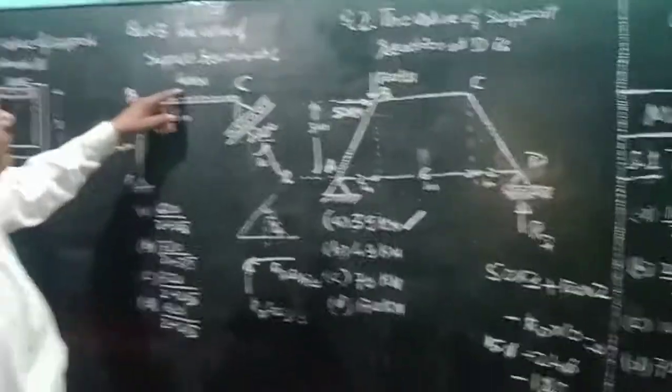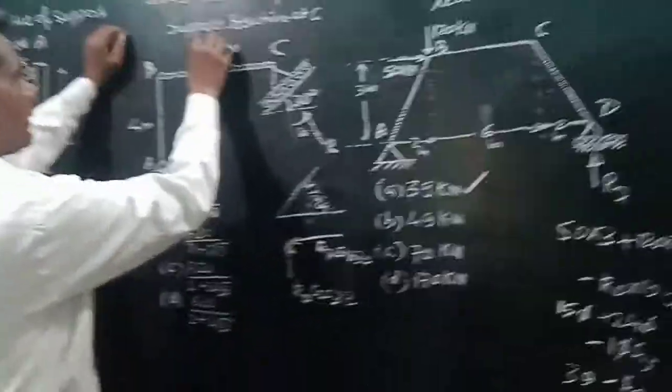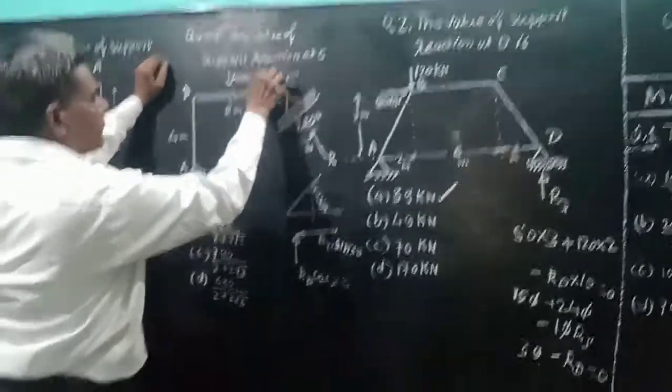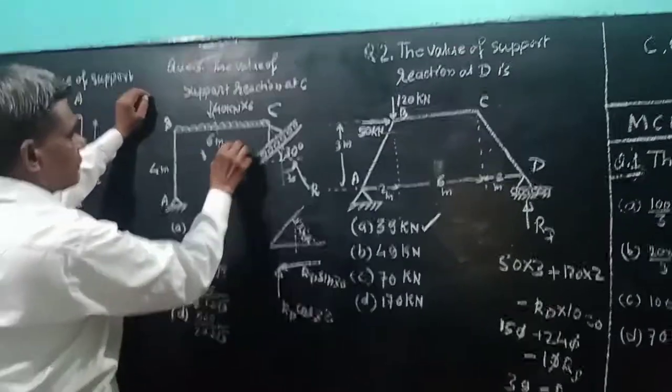And this total load is 40 kilonewton, but it is applied at the center of the beam. So this is equal to 40 multiplied by 6, at a distance of 3.